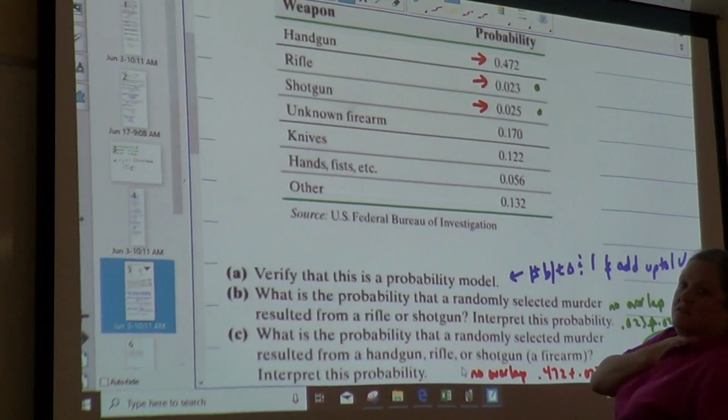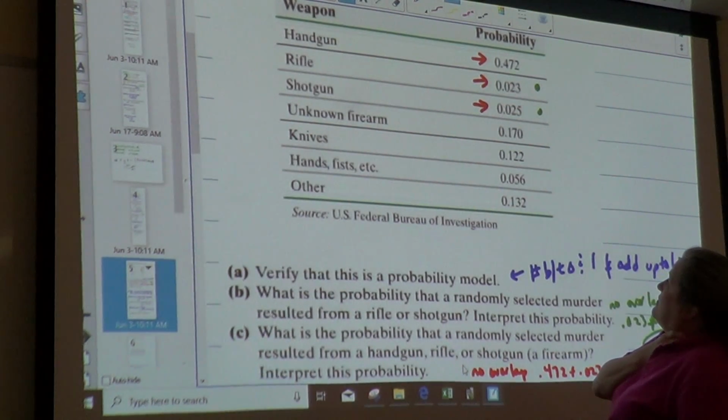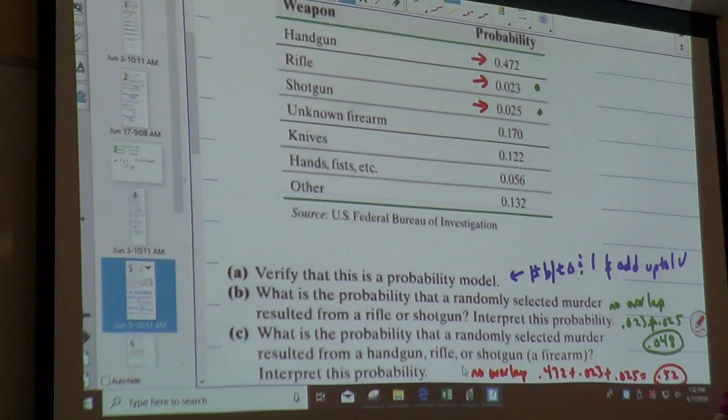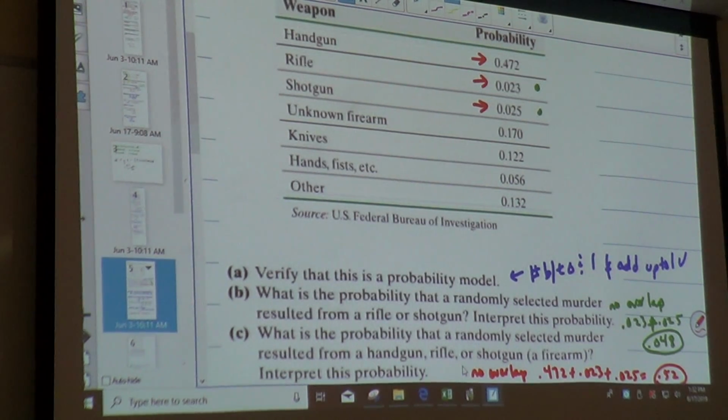Well, I was saying the parentheses imply that the purpose of this is to include all firearms. So you're thinking we need to include the .170? Yeah, unknown firearms should be included in that as well. That's not how the problem is worded, but it seems like it should be. If it was a test question, I can totally see that you would include the .17. They didn't, but I can see how it would go either way, because it would make you think that they're including all the firearms.